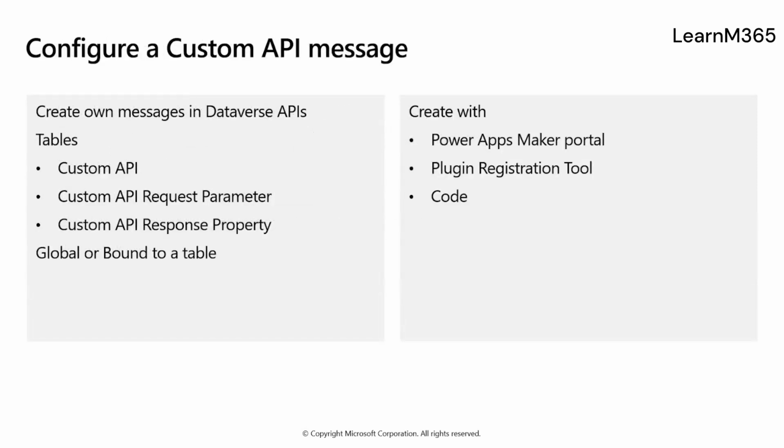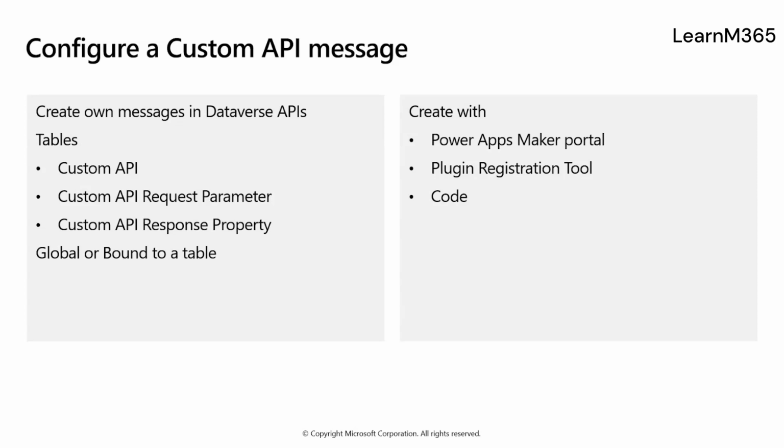You can even configure a custom API message. So you can create your own message in Dataverse. Based on tables, custom APIs can be used, custom API request parameters can be used, and custom API response properties can be used, which can be global or bound to a table.